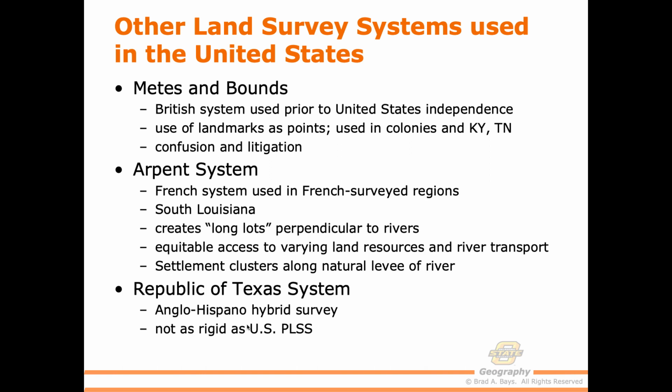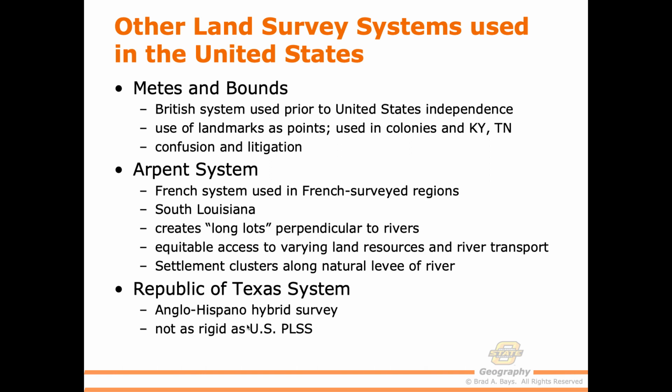And their system expanded fairly rapidly as Texas grew during the 1820s, 1830s and 1840s, and prior to statehood in 1845. The Republic of Texas system, of course, came after 1836, after Texas was an independent republic.